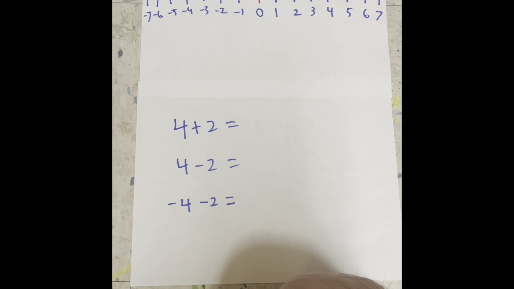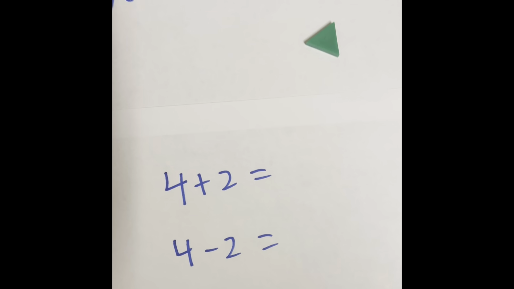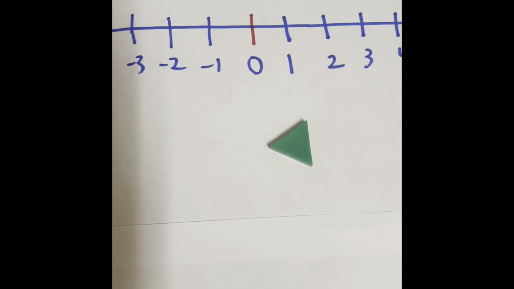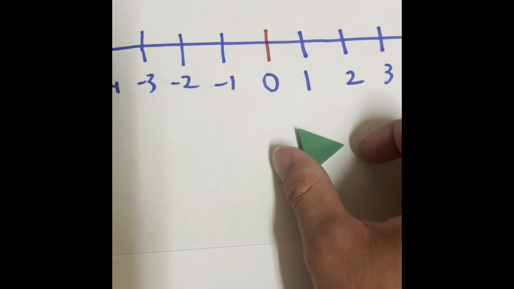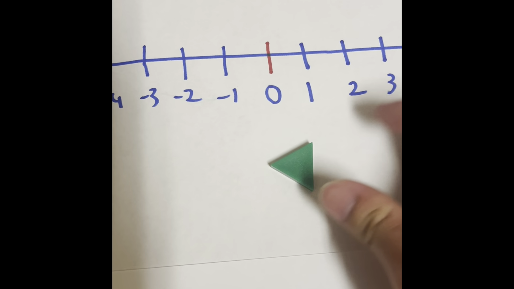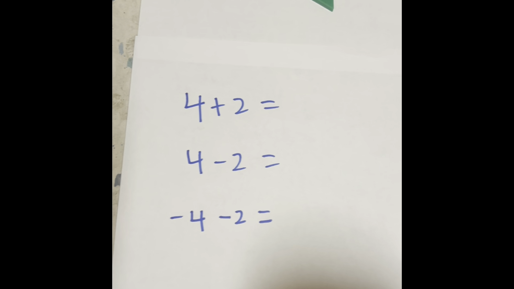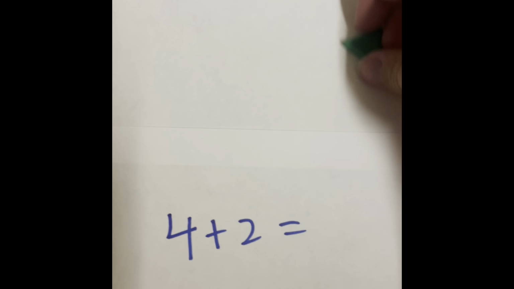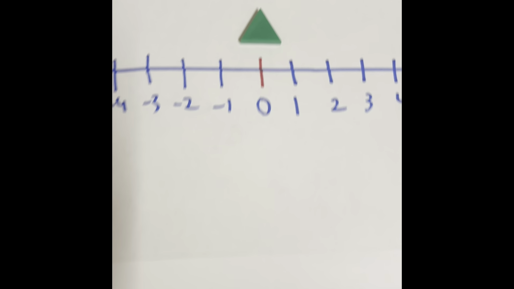We are going to play around with this green triangle. The triangle is going to point to the right or the left, depending on what the math problem states. For example, we're going to start at 0 as the default.